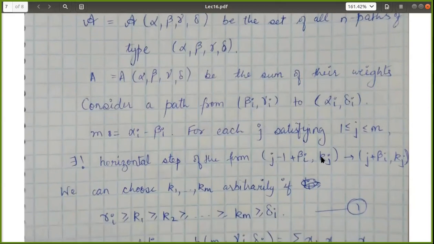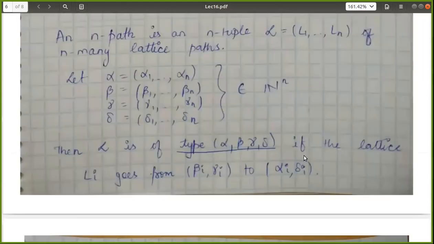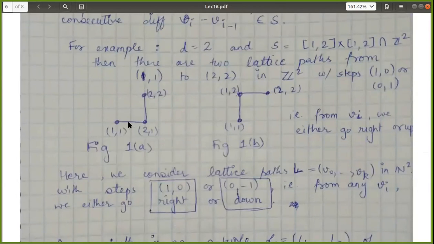Now, depending on at which height this step is, this is a horizontal step. In this example also, this is a horizontal step, and so is this. Both are coming for lattices going from (1,1) to (2,2). But this horizontal step could have occurred here or it could have occurred here, right? Therefore, you have two choices. Why did these two choices come? Because between this element and this element there is a gap of 2.